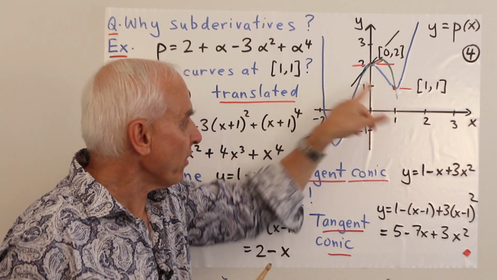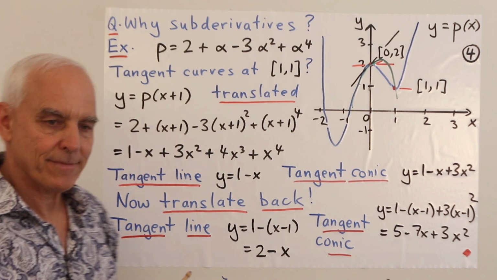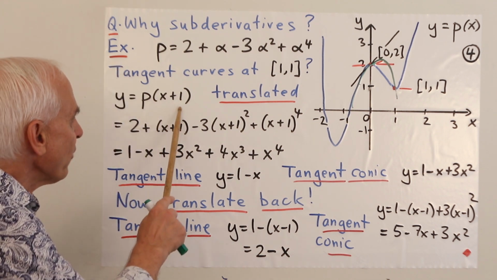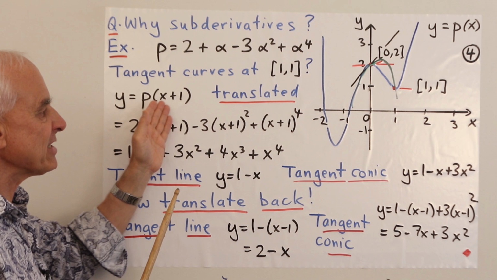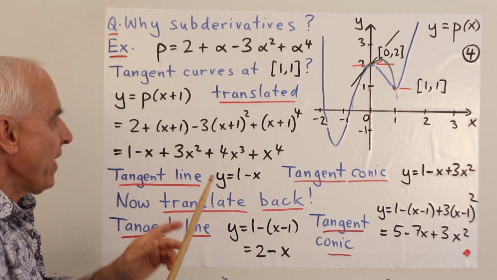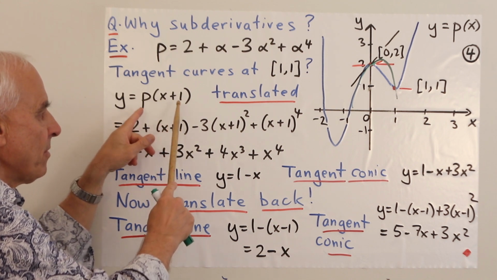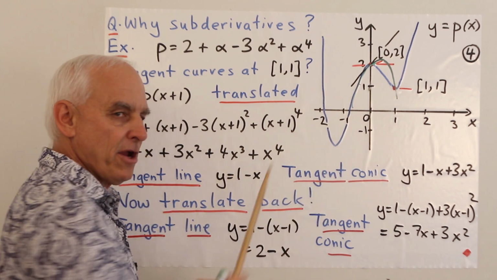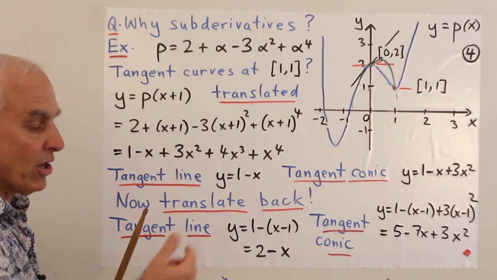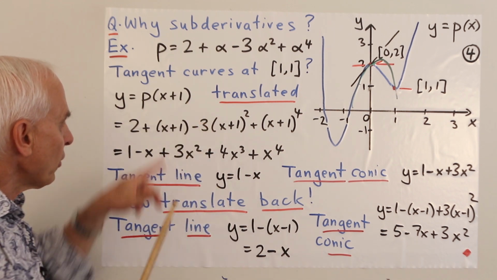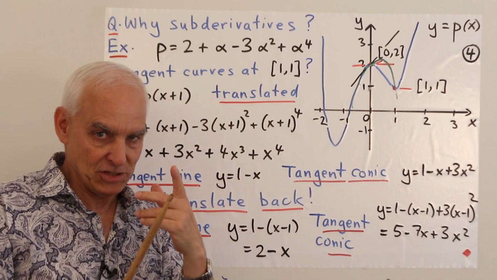That's accomplished by this little algebraic transformation: we look at the curve given by the equation y equals p of x plus 1. Then when x is 0, for this curve, we're picking up p of 1, which is over here. So this has the effect of taking the curve and translating it by 1 to the left. Notice the x plus 1 here effects a translation to the left, not, as you might naively think, to the right.